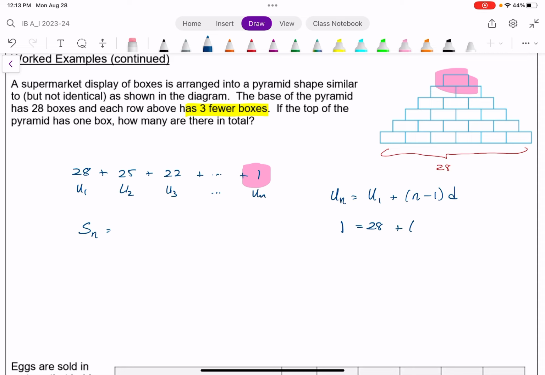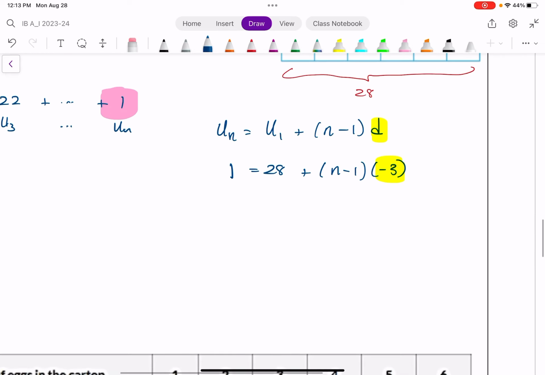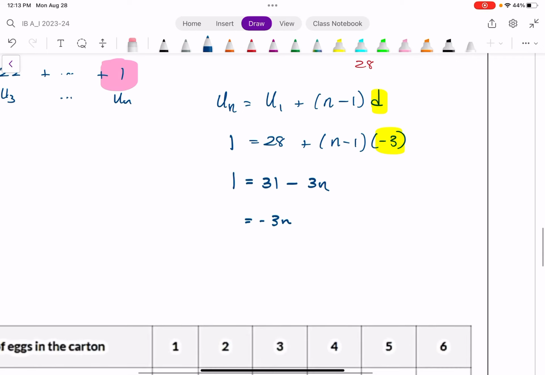And so I can now solve for n. The common difference is -3, because there's 3 fewer boxes in each. Don't want to miss that negative. And so now fairly quickly I can solve again for n, just like in the previous question. And so I can see there are 10 terms here.